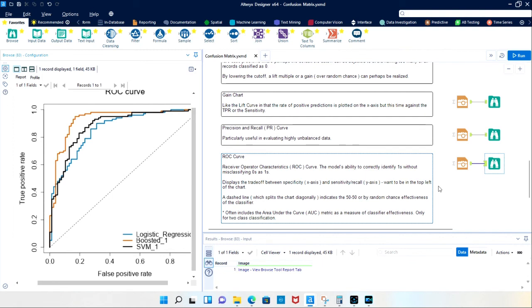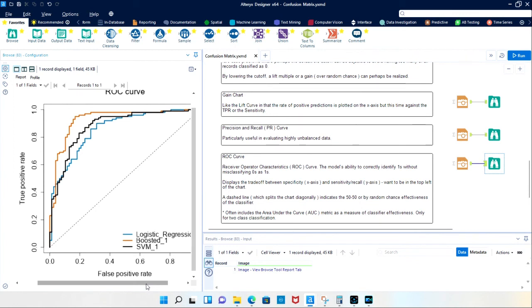It displays the trade-off between specificity on the x-axis and sensitivity, recall, on the y-axis. And this is partly where the caveat comes in, because this is labeled through the software as false positive rate, when depending on your source it would actually say that this is the true negative rate.